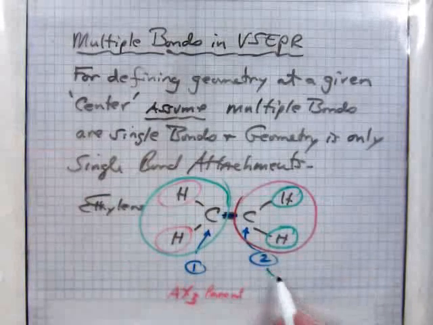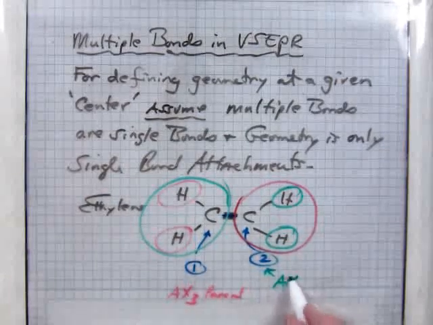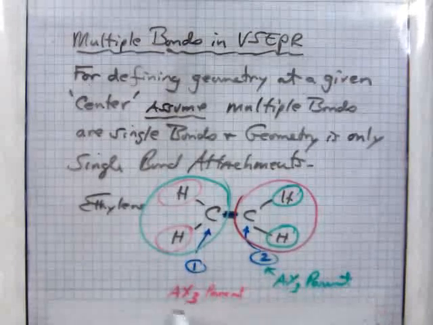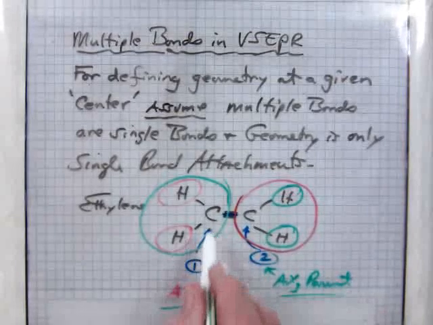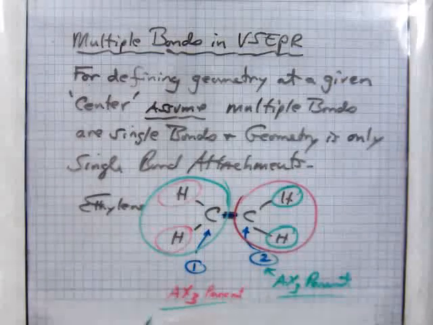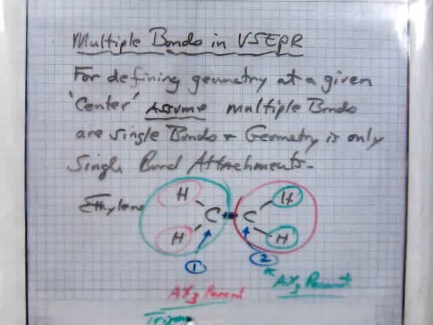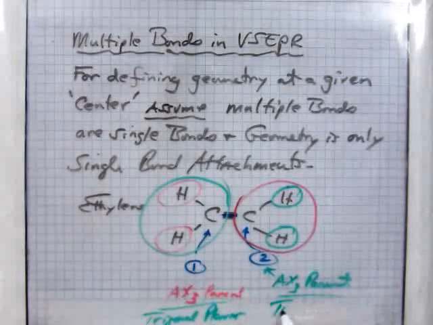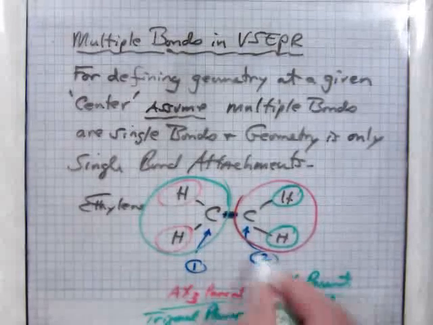So that one is also an AX3 parent. So the geometry about carbon-1 is trigonal planar, and trigonal planar around carbon-2.